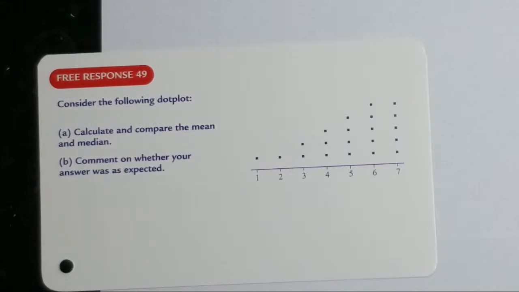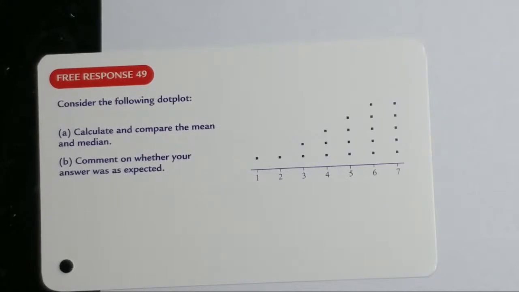Just as a quick side note, in terms of describing a distribution like this, every teacher has their own acronym. The acronym that I've been using in regards to describing a distribution like this has been CUSS. C-U-S-S. Center, unusual features, shape, and spread.